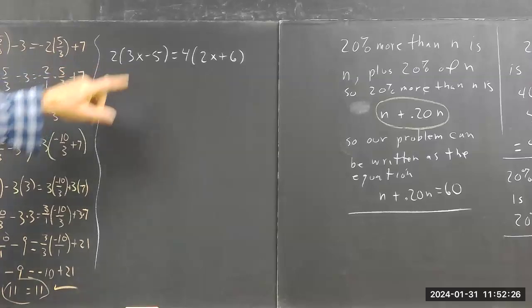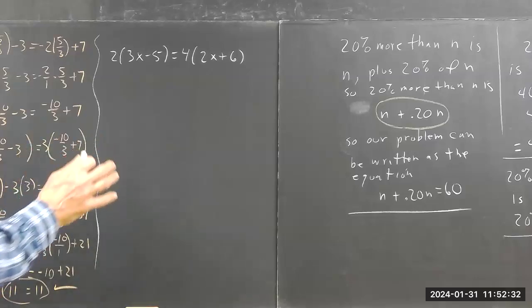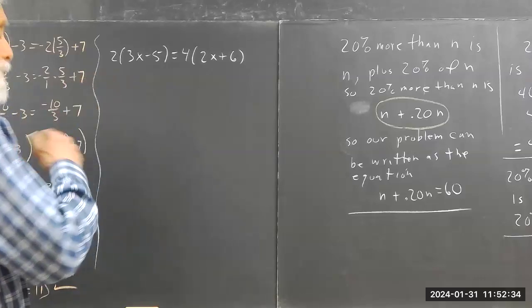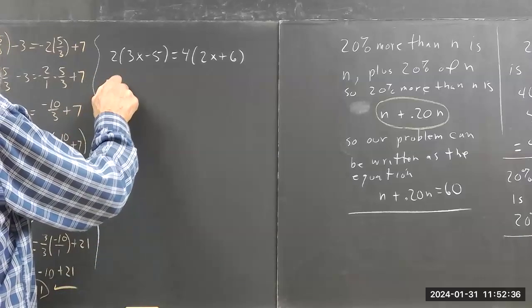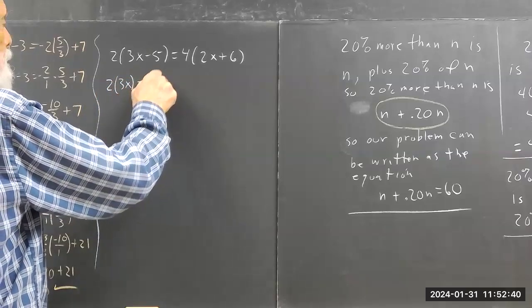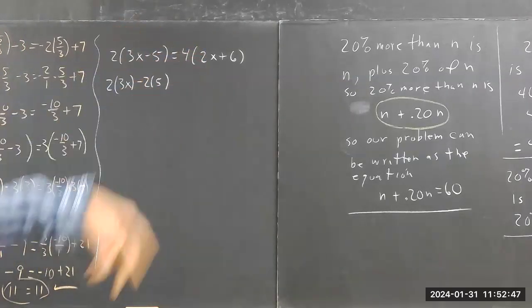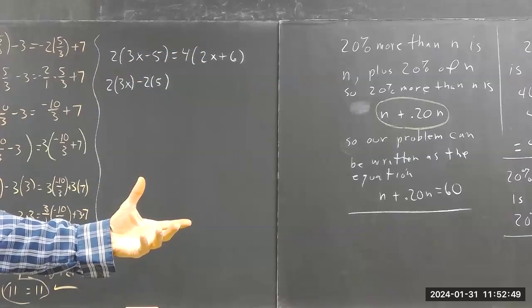So what do we have to do up here? Now, I don't recommend that you necessarily skip the stuff I'm going to write at this point. Because you got to multiply 2 by 3x, and you got to multiply 2 by 5. Okay, because 2 is multiplying each term in the parentheses.